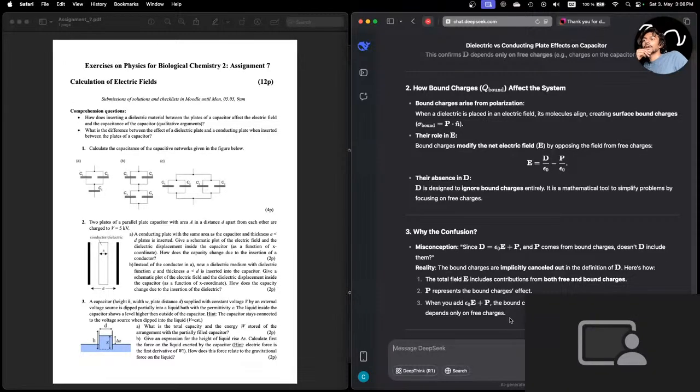P represents the bound charges' effect. When you add, the bound charge terms cancel out, leaving a quantity D that depends only on free charge.